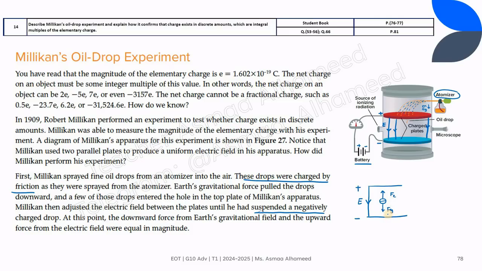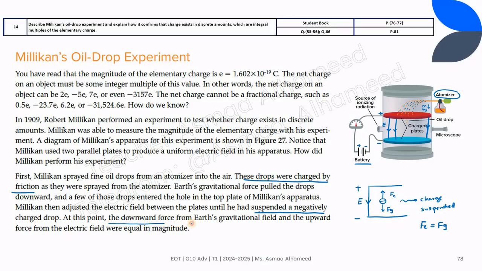Now when they are equal in magnitude, opposite in direction, the negatively charged oil drop will be floating in the air. So here we say that the charge or oil drop is suspended. Why? Because Fe is equal to Fg in magnitude and opposite to it in direction.